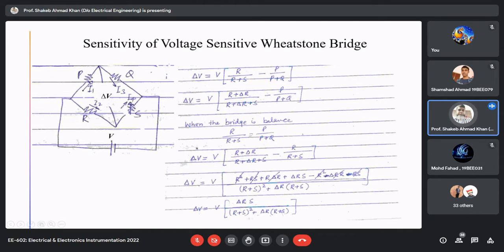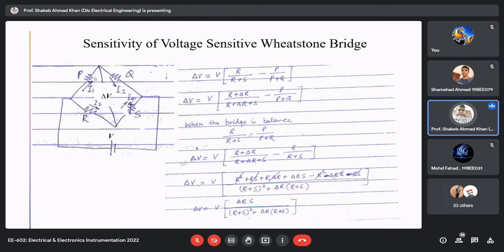So if the current flowing through these resistances causes I squared R loss of more than quarter watt, then obviously these resistances will get heated up. They won't be able to handle power loss of more than quarter watt.